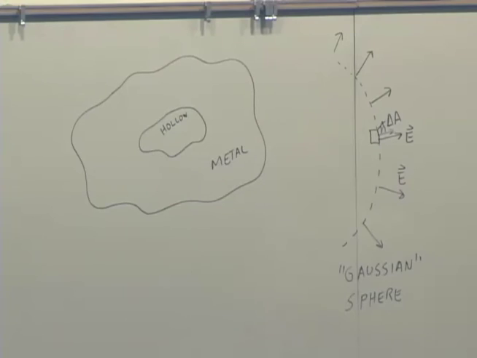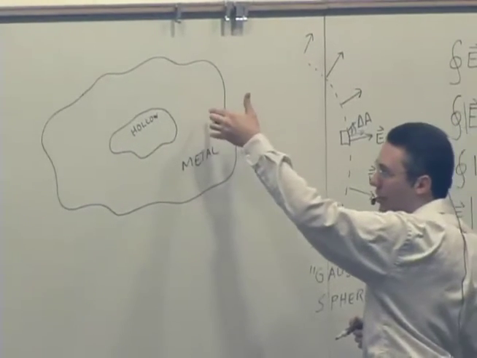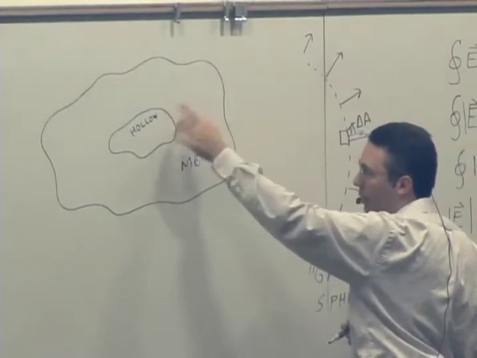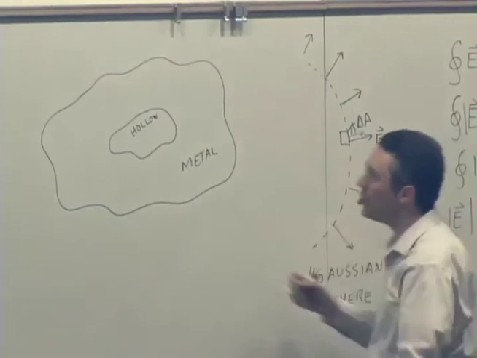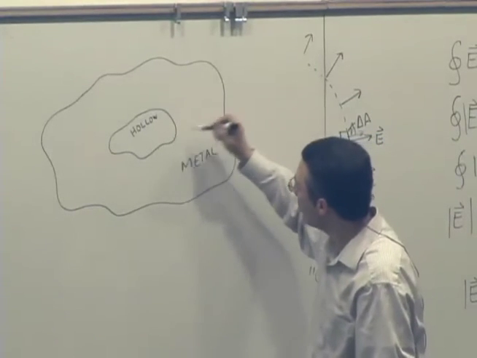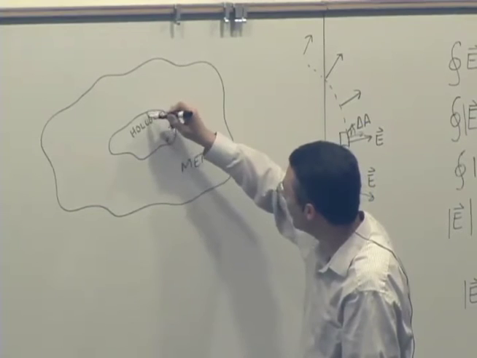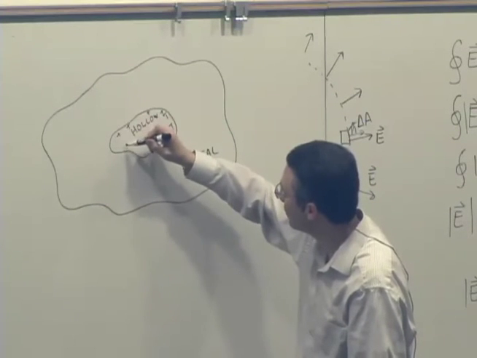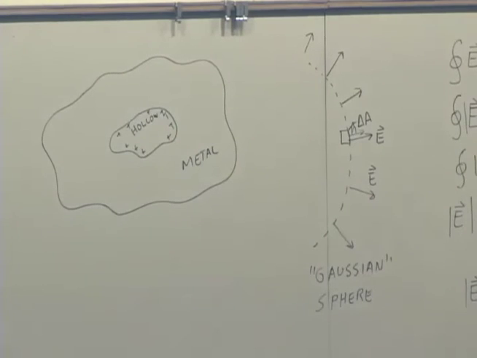We can't have any charge in this region. We've already shown that. Can we have any charge on this surface? Can I have maybe some positive charge here? Is that possible? How would we show it?